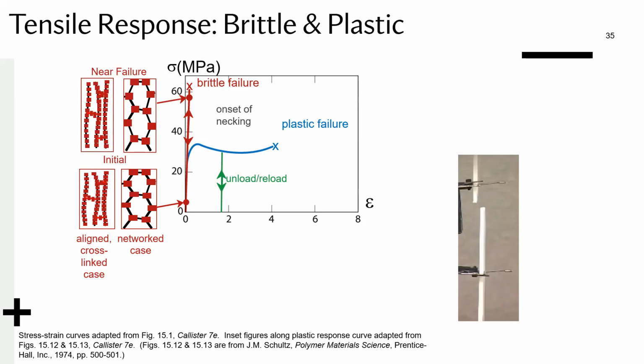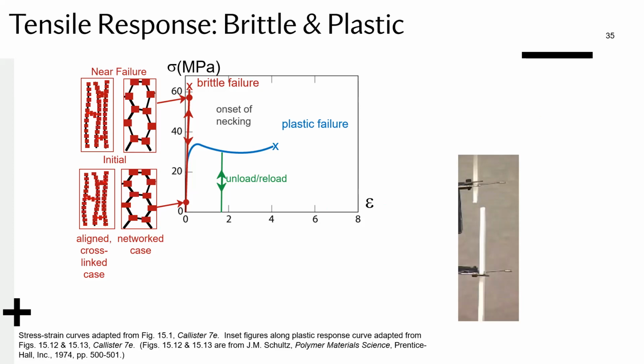These cross-link meshes are going to expand as much as they can, and at some point it's going to give up and break. So it doesn't elongate as much as you would like a polymer to do, but it has more of a brittle behavior, and it can withstand a lot more stress, so its tensile strength is typically much higher than the plastic failures.